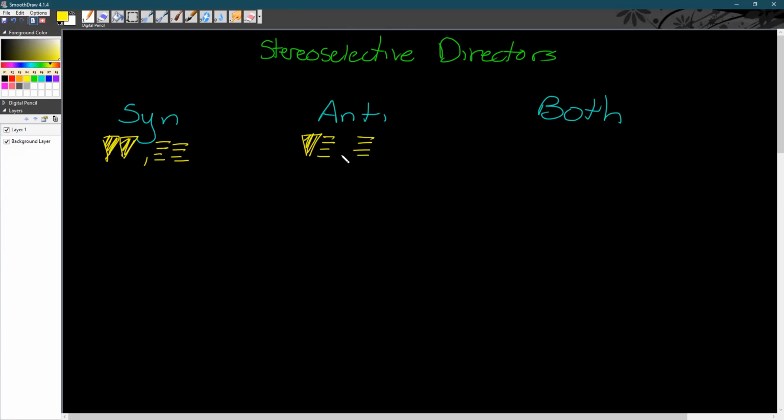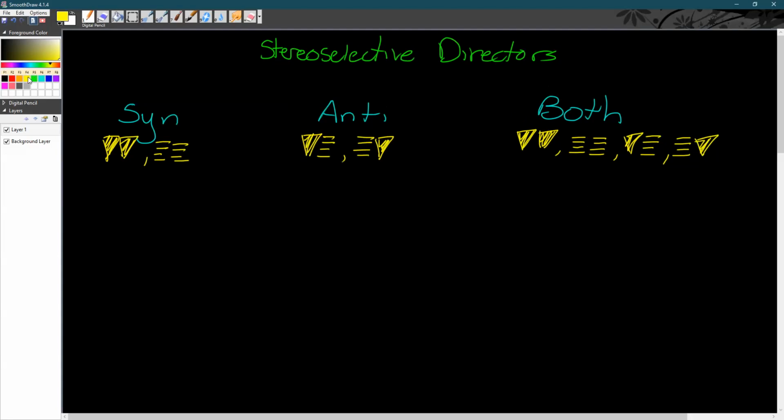Or alternatively, if one is on the dash, the other one must be on the wedge. And both is just where the product is completely non-selective, where it does not matter what kind of stereochemistry is there.